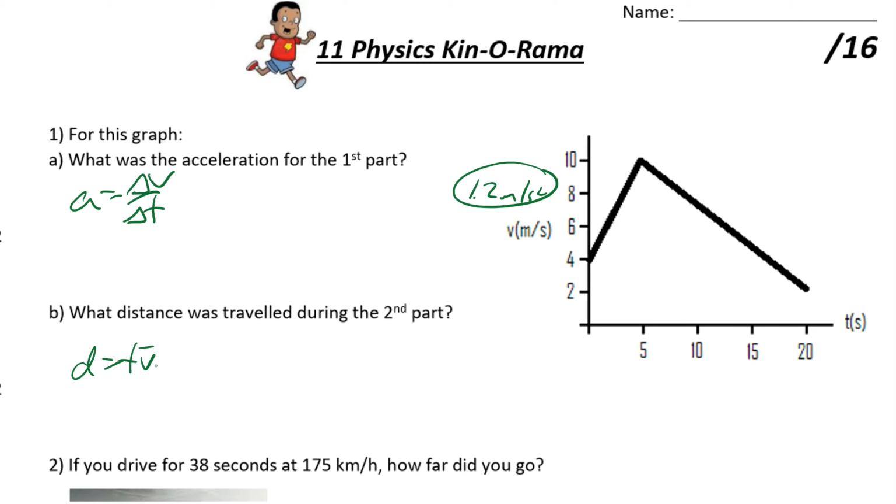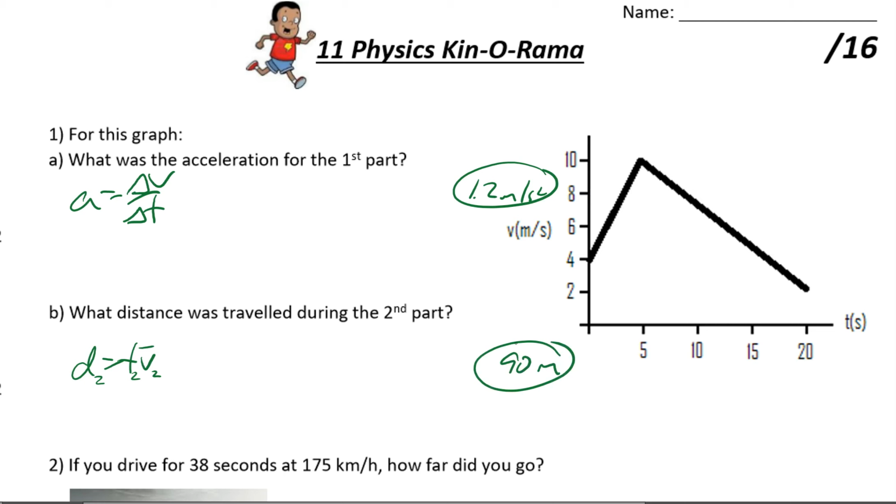It goes from like 10 down to 2. And you've got to use the average of that second part, not the whole thing, just the second part. So take the time for the second part, and this is where subscripts can come in handy. Use the time for the second part, use the average V for the second part, and then just crank out your DTV. And hopefully you'll end up with around 90 meters when you're all done.